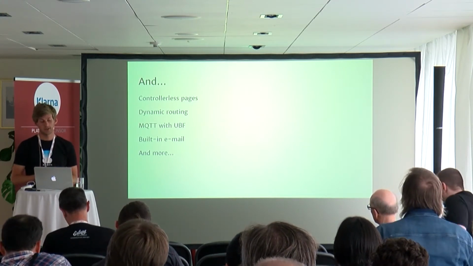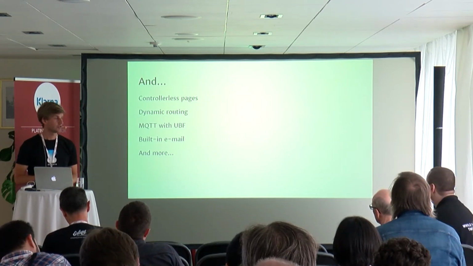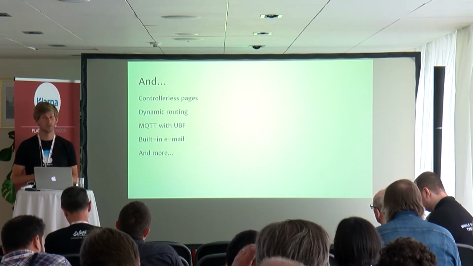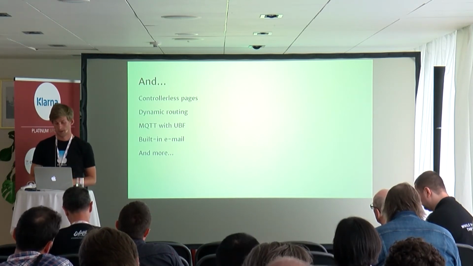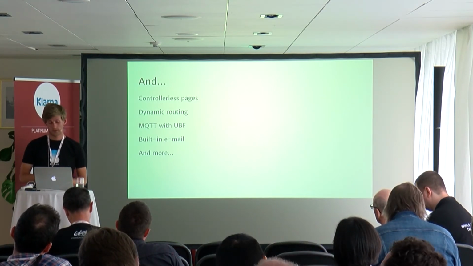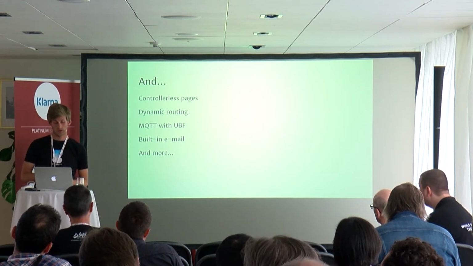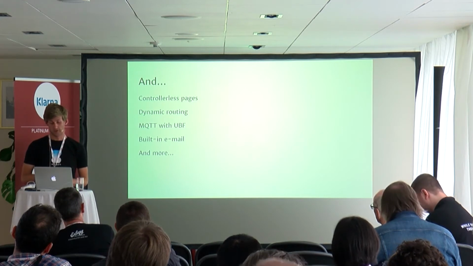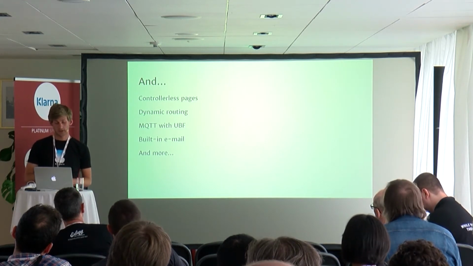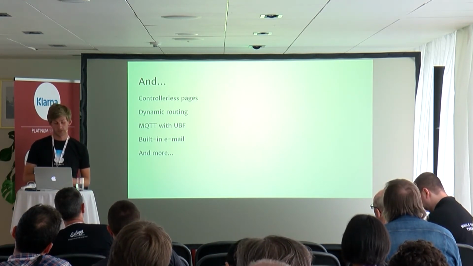It's an IoT protocol. It's very efficient and lightweight, but it works really well for this use case too. Well, and the email I already mentioned. Then there's more, of course.